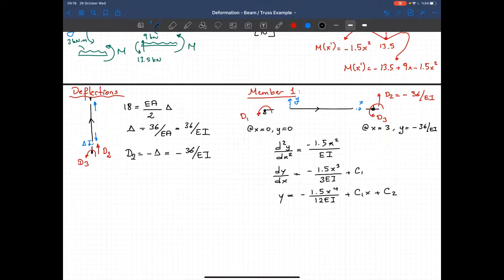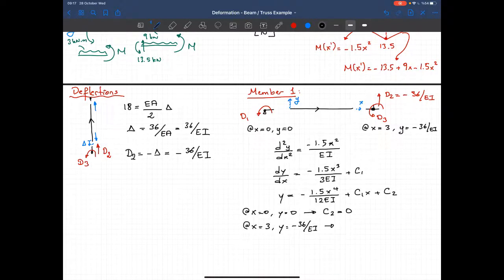So in order to determine the values of these constants, I have to put the boundary conditions in. The first boundary condition is x equals 0, y equals 0. That should tell me that c2 should be equal to 0. The second boundary condition, at x equals 3, y should be equal to minus 36 over EI.